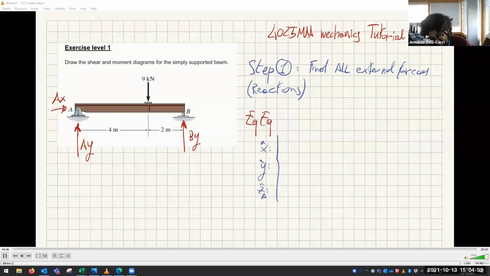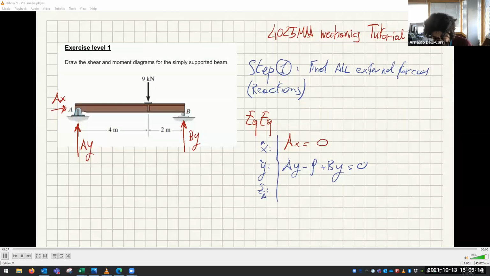So in the X direction, AX, of course, there is no action, so there is no reaction. We also know that AY minus 9 plus BY equals 0.